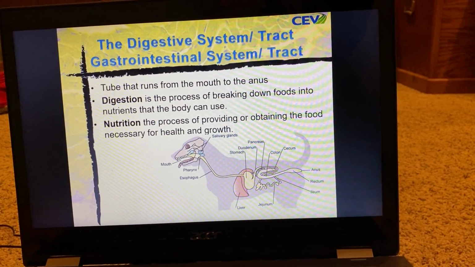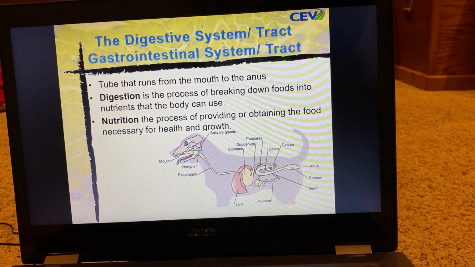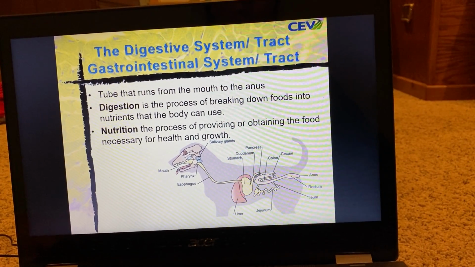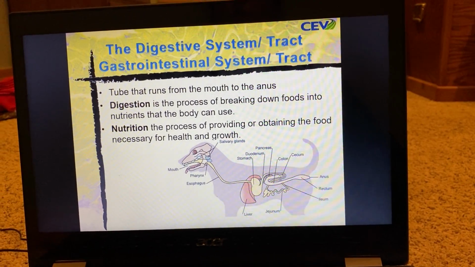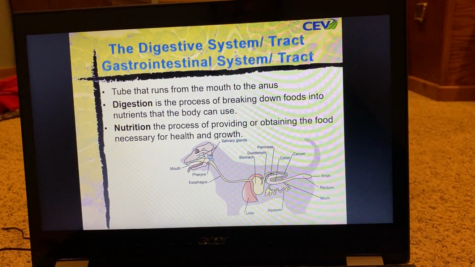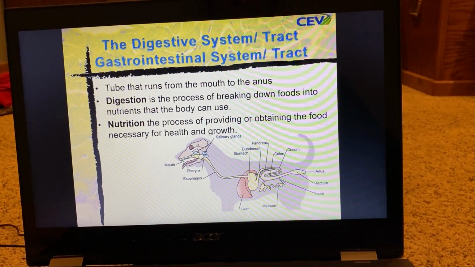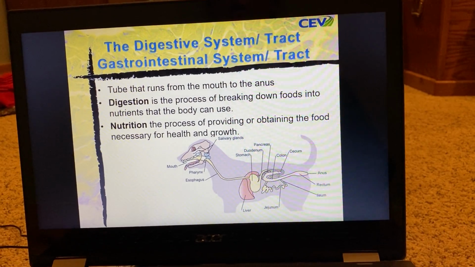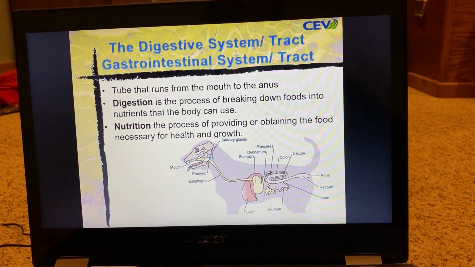So it's got to be small enough, it's got to be able to be used by your body. Another vocabulary word that goes hand in hand with this unit is nutrition. So the level 3s are learning about this right now. This is the process of either providing or obtaining the food necessary in order to just maintain health and to grow.